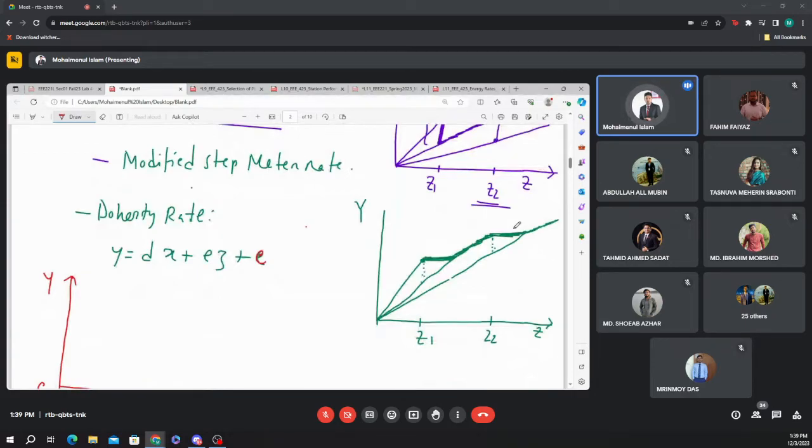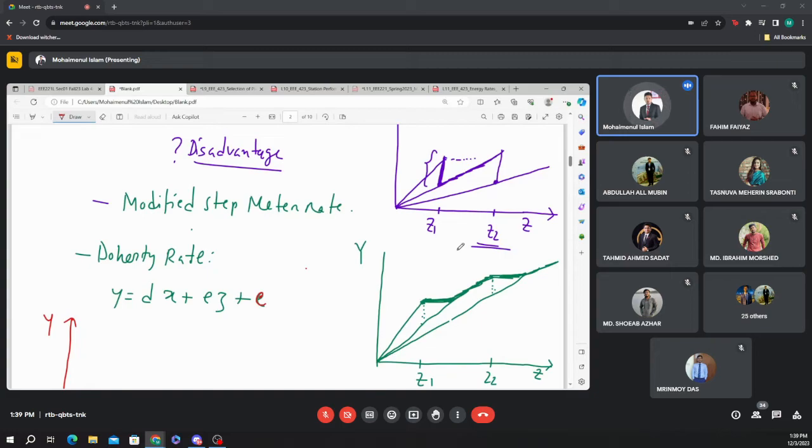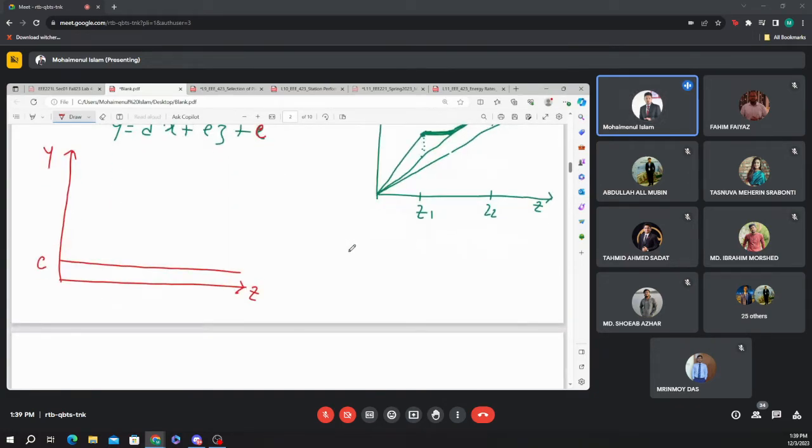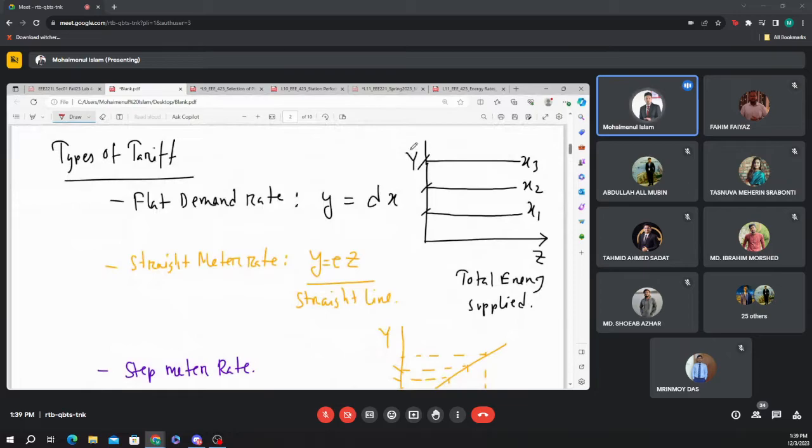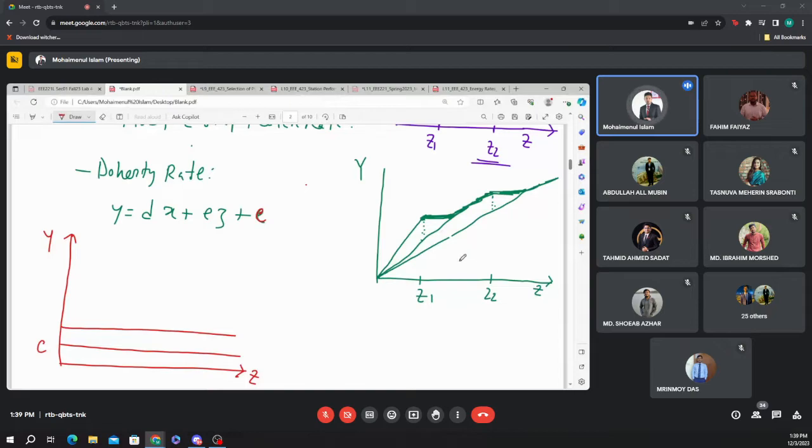So considering those two graphs, if you just combine them, you have one constant c. On top of that, you have the flat demand rate, which is your dx maybe, and after that ez should be this one, the modified tariff. So if I draw the top part, it should have three types of slope.